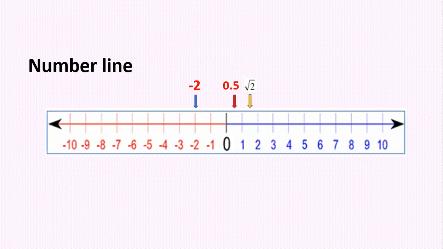These numbers too can be plotted on the number line. So square root of 2 is also a real number. What about this special number pi? Pi is equal to 3.1415 and so on. It is also a non-terminating decimal number, and yes, it can be plotted on the real number line. So pi is also a real number.